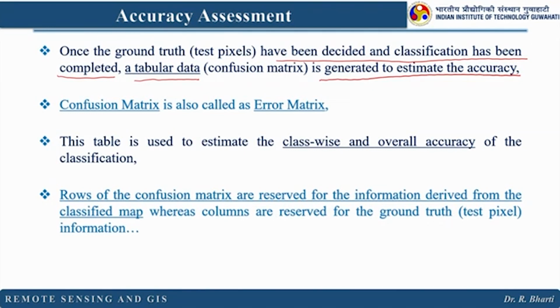So, here it is important to understand this is the classified image. Now, you have plotted the ground control points which you are using as test pixels, and using this information you have generated this confusion matrix.